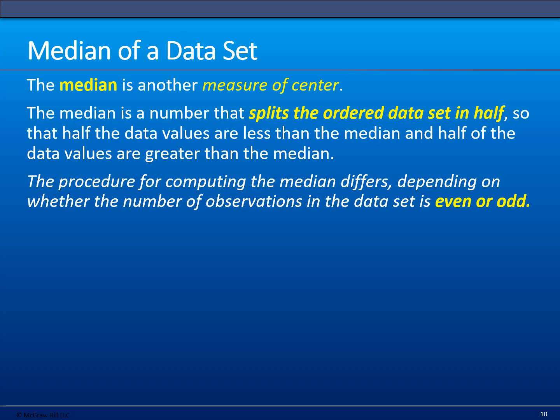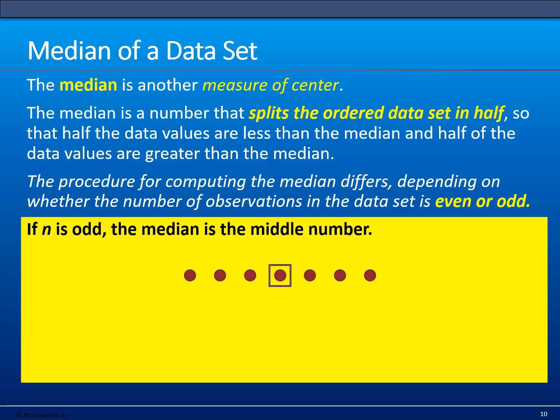All right, let's look at another measure. Median is another measure of center. The median is a number that splits the ordered data set exactly in half. Half the data values are less than the median, and half of the data values are greater than the median. The procedure for computing this depends on whether we have an odd or even number of observations.